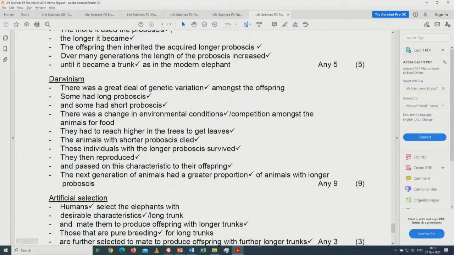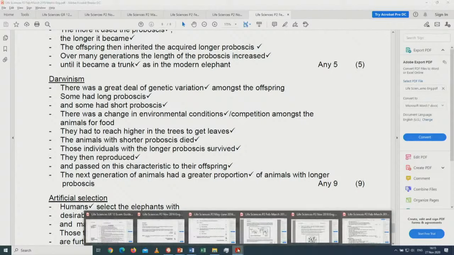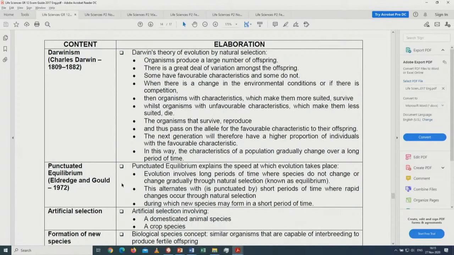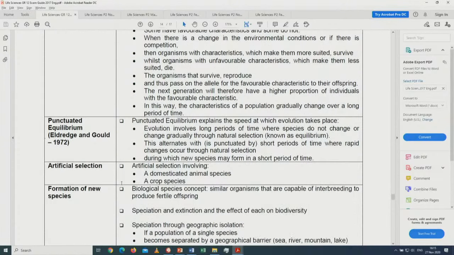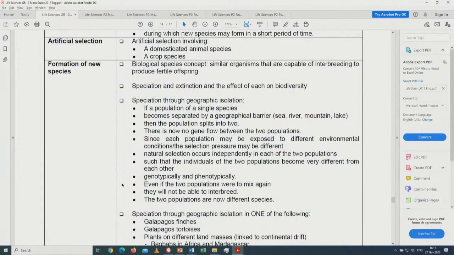Same as the theory of natural selection, the theory of speciation. Now, speciation, as I explained before, is due to a geographical barrier. Now, it states that if a population of a single species becomes separated by a geographical barrier, which can be a sea, a river, mountain, or lake, then the two populations split into two.